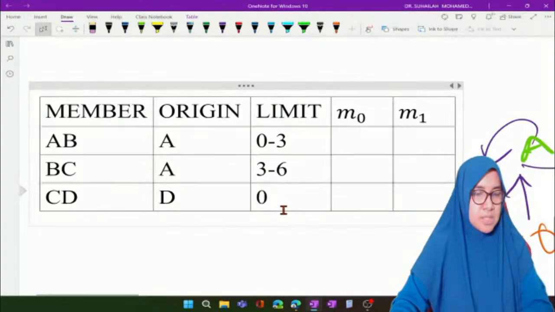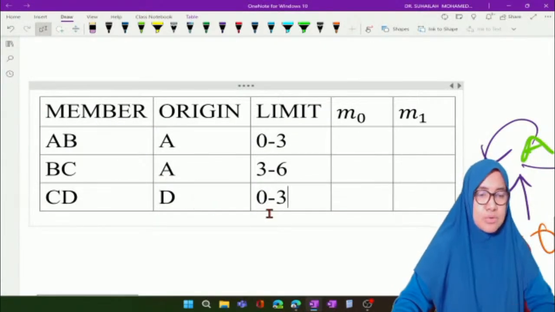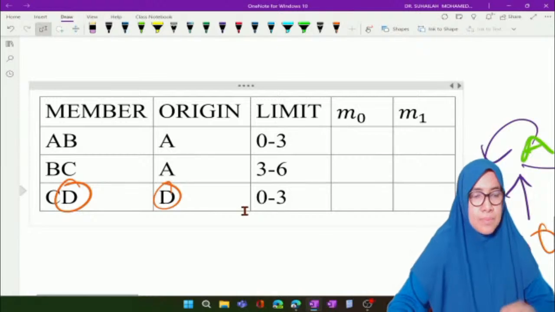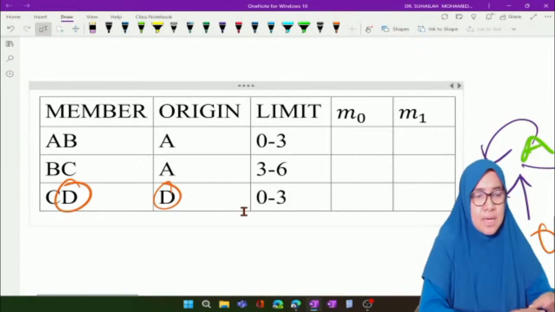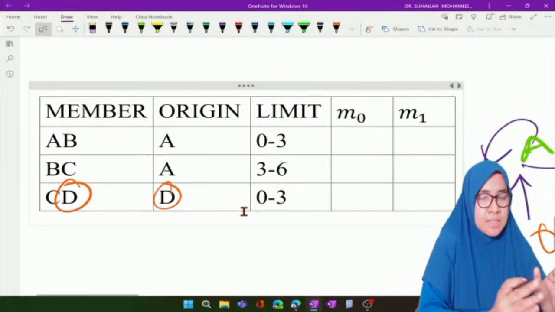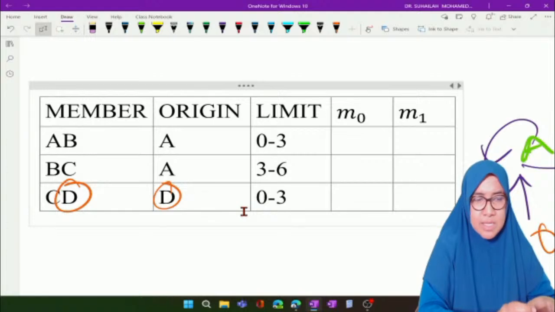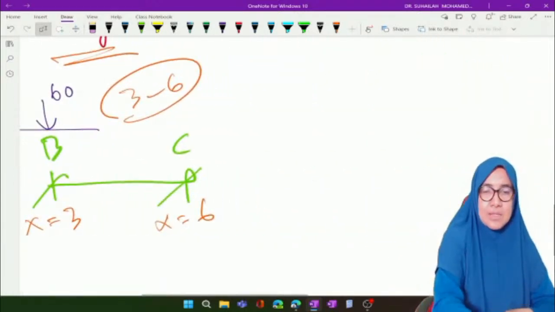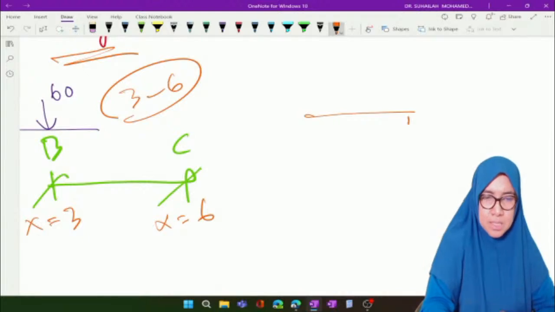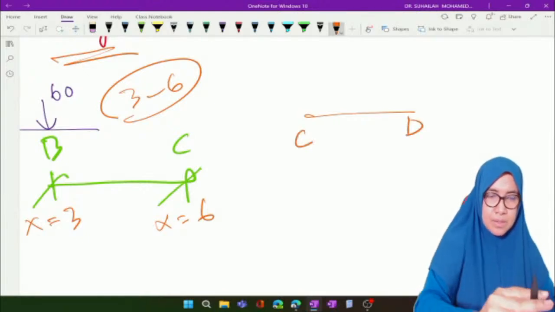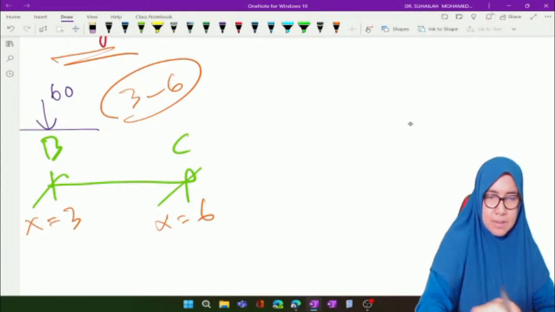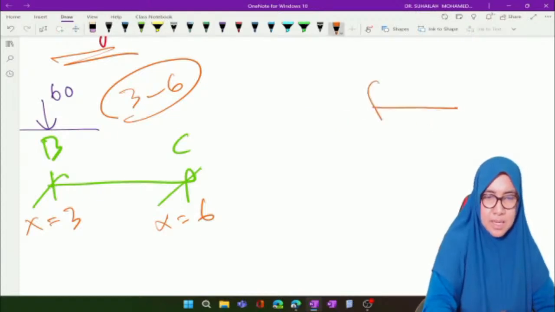Okay, 0 to 3, because D is the origin. We choose D as the origin because the condition is like this. When we have D and C, okay, this is the cutting section.